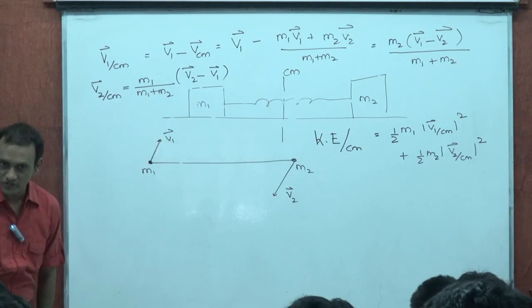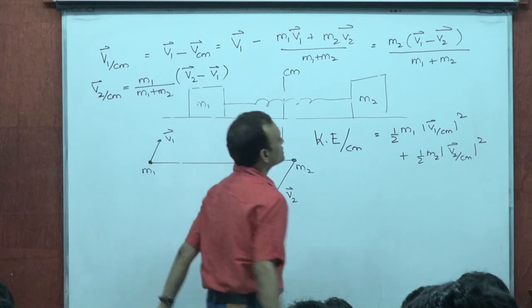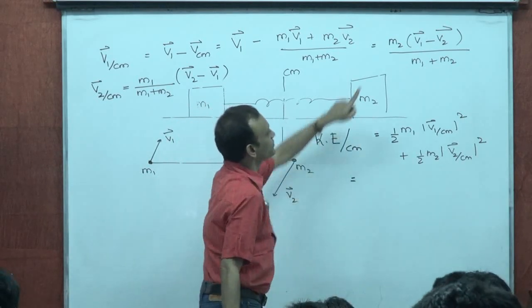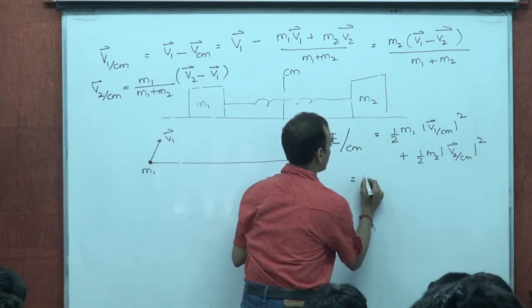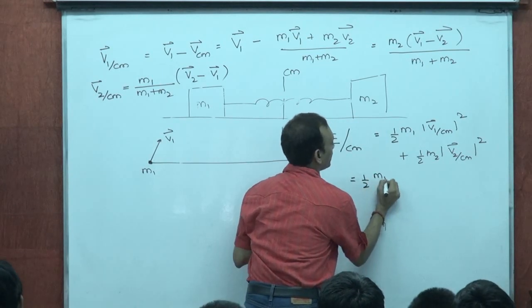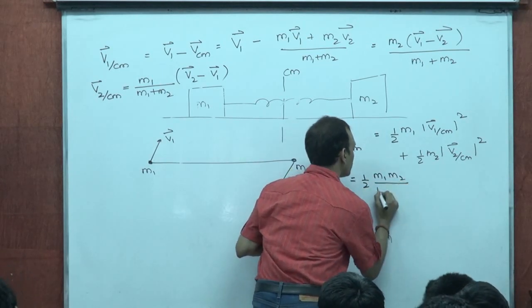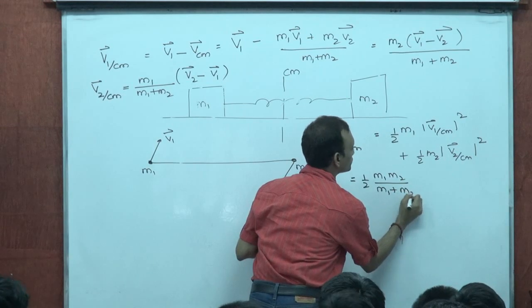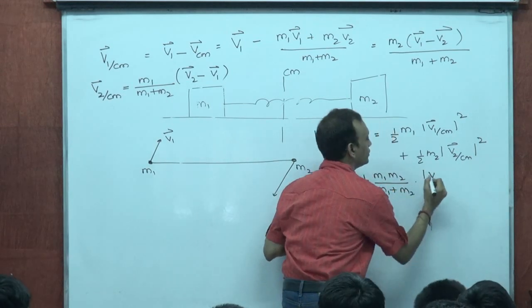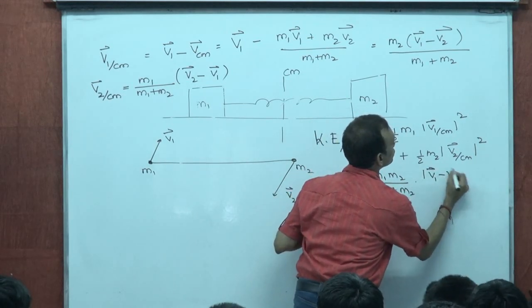That's the kinetic energy of the system in the center of mass frame, which is going to be, as you can readily see if I replace all of it, half of M1 M2 by M1 plus M2 into mod V1 minus V2 whole squared.